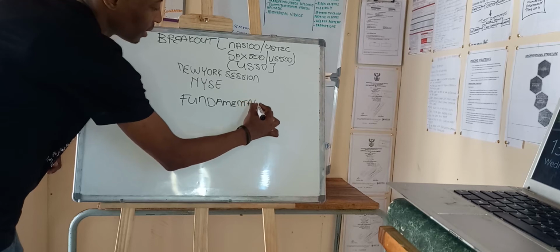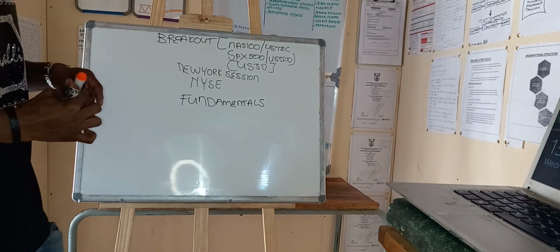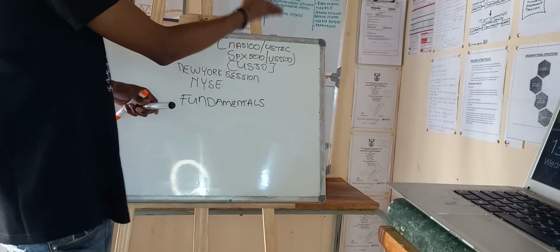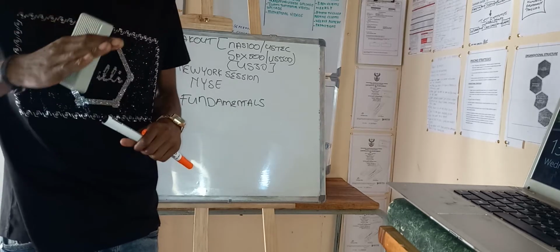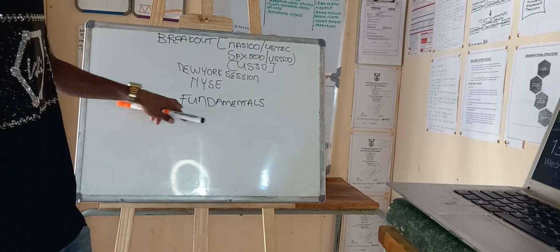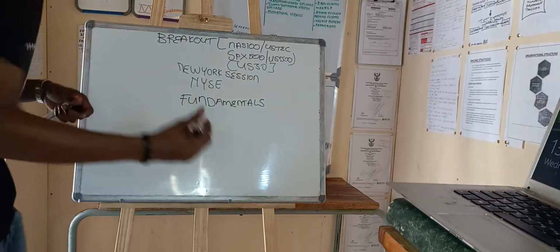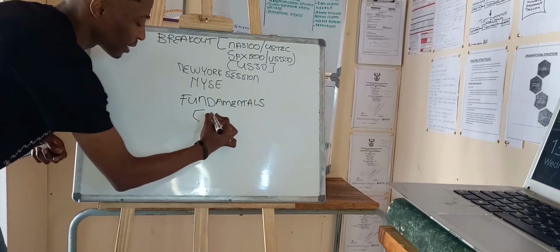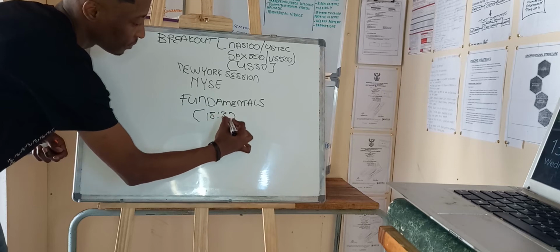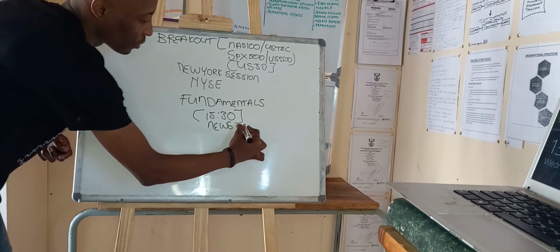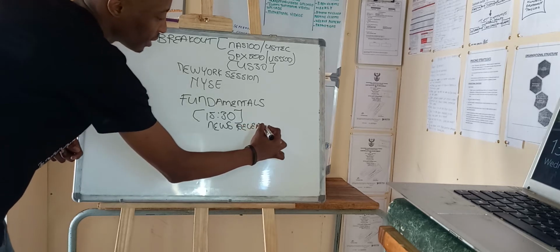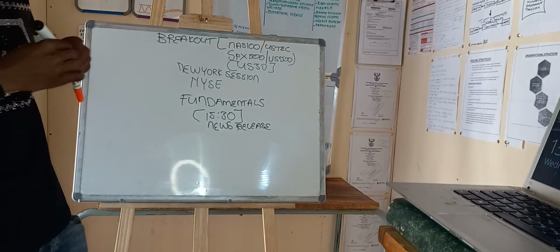US 30, NASDAQ and SPX 500 have a high impact at that time of the New York session because of fundamentals. We have fundamentals on South African time at 3:30, the news release.